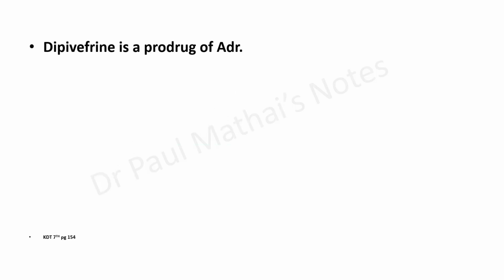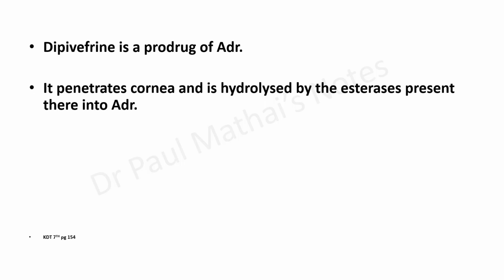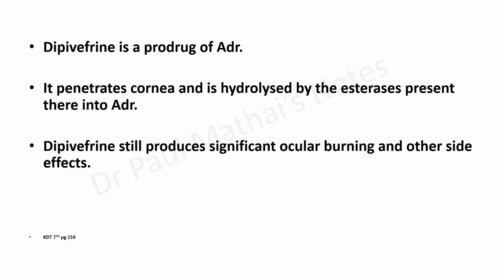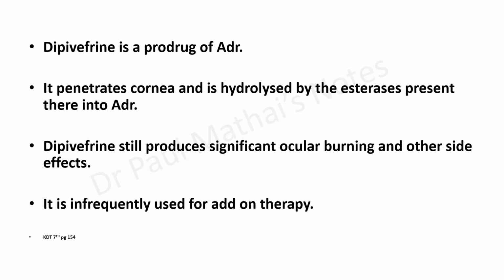Dipivefrin, on the other hand, is a prodrug of adrenaline, and it can penetrate the cornea. It enters the eye and gets hydrolyzed by esterases present in the eye and gets converted to epinephrine. However, dipivefrin still causes ocular stinging and other adverse effects, and therefore is still very unpopular.